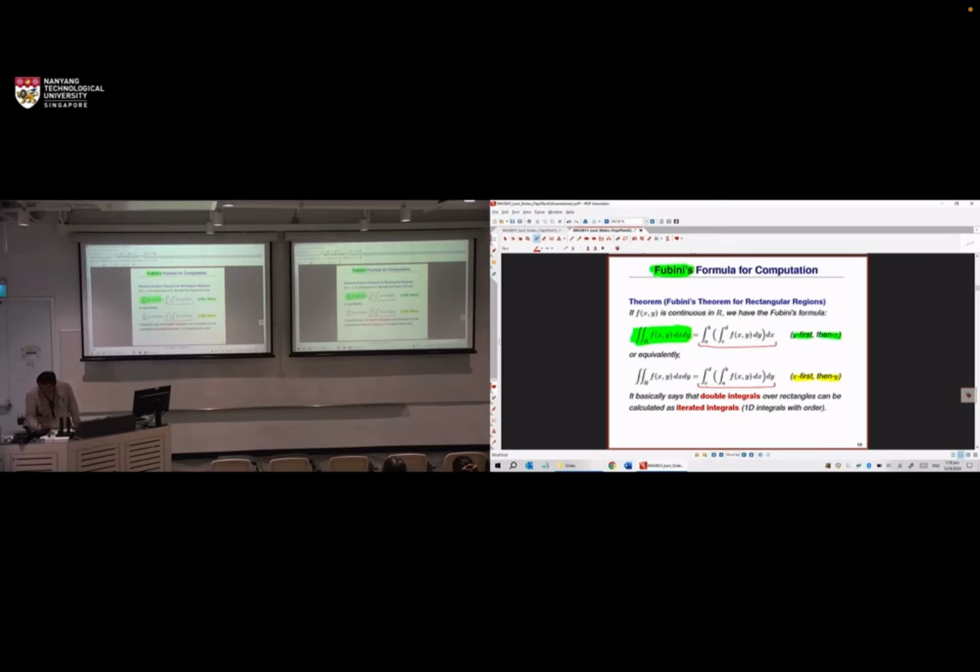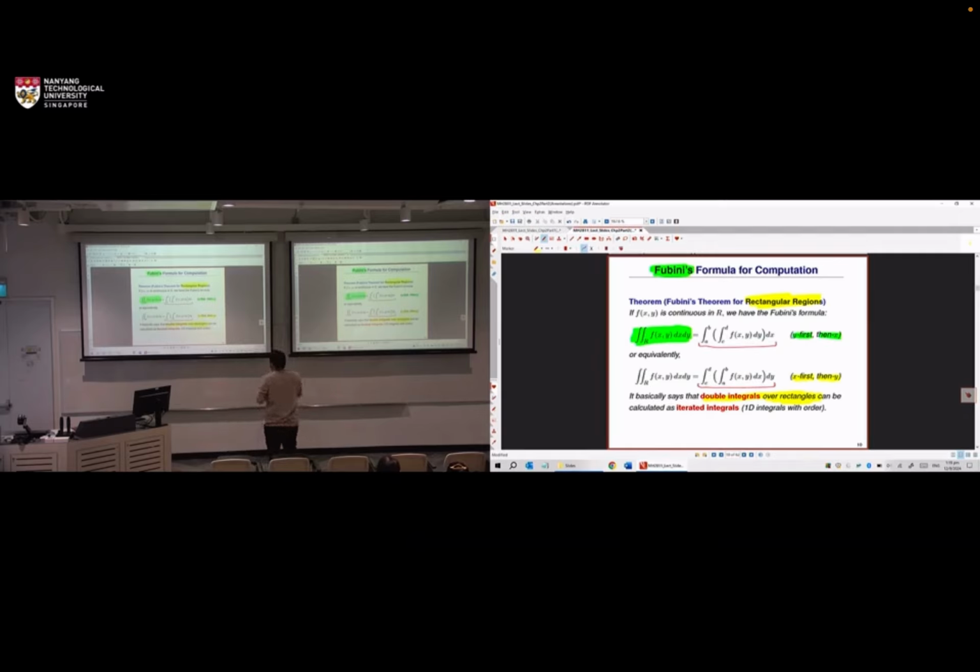And I repeat again. It basically says that double integrals over rectangles, not anyhow, you must first make sure the shape is correct, can be calculated as iterated integrals, 1D integrals with order. The way I bracket everything is important and crucial because it helps you see which way is easier.